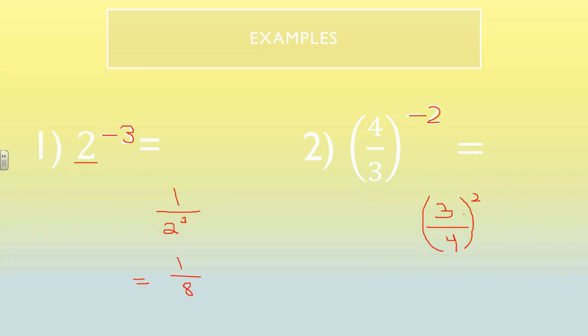So this is 3 over 4 to the second power. Well, that's going to be 3 over 4 times 3 over 4, which, again, we know how to multiply now. That's 3 times 3, which is 9, and 4 times 4, which is 16.